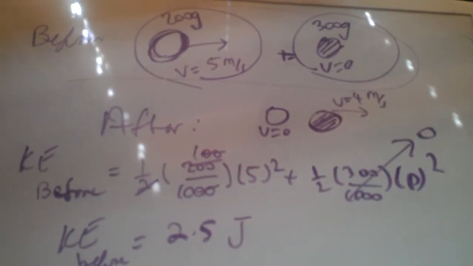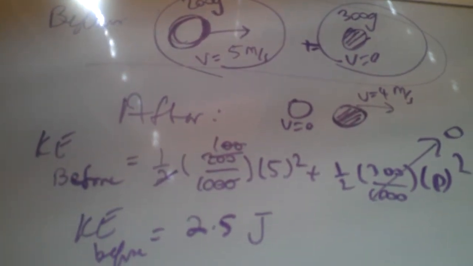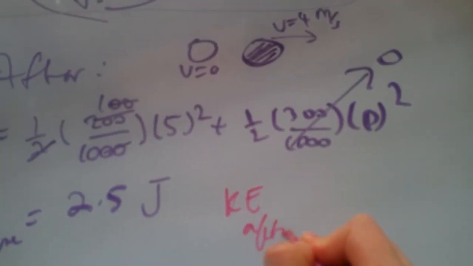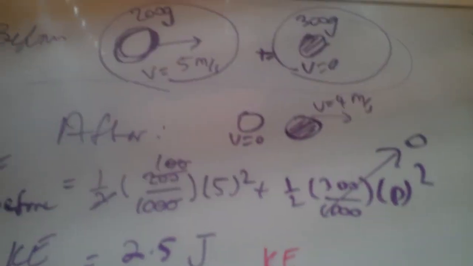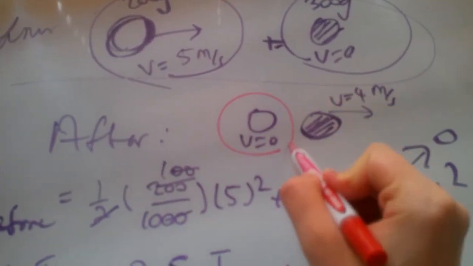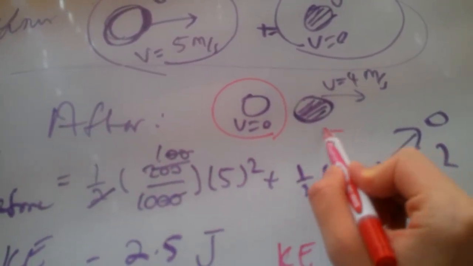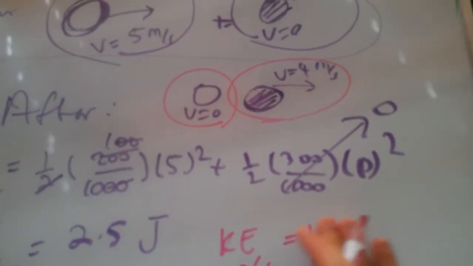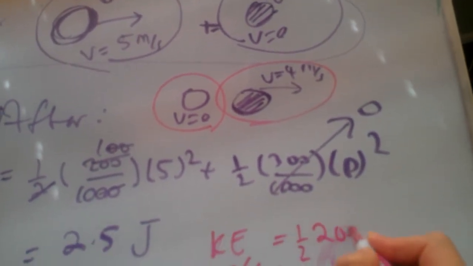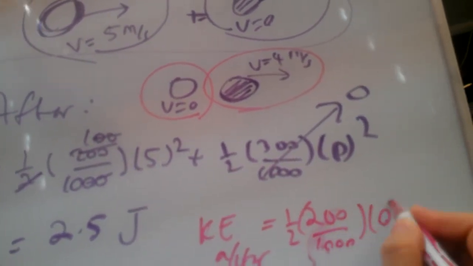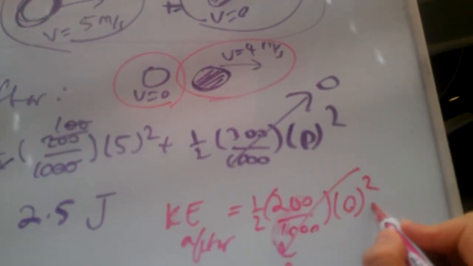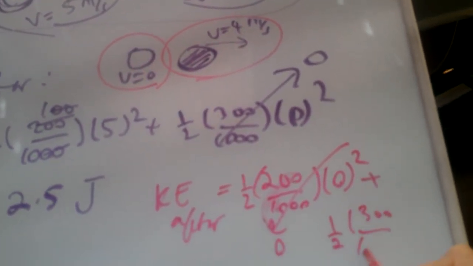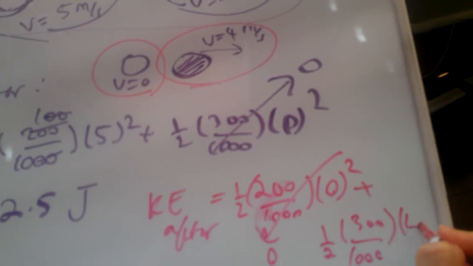Now let's work out the kinetic energy afterwards for the whole system. The kinetic energy after the collision reads: the kinetic energy of this ball, which stops after the collision, a half m, which was 200 grams, v squared, that's already 0, plus a half m, that was 300 grams, times 4 squared.